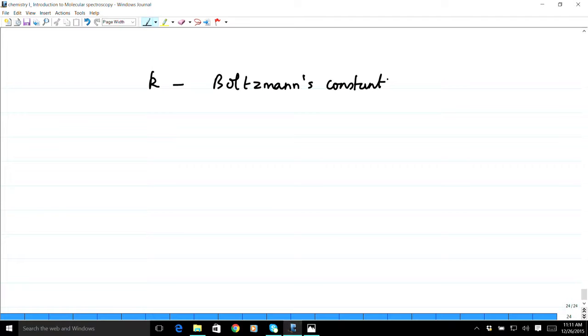and its value is of course very, very small, and these constants can be measured very precisely these days.